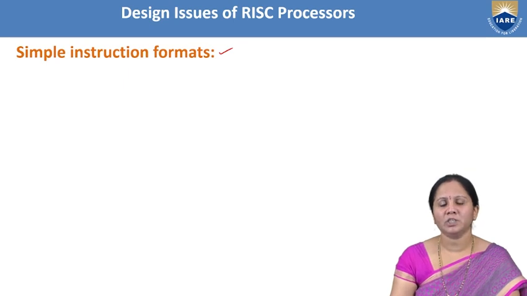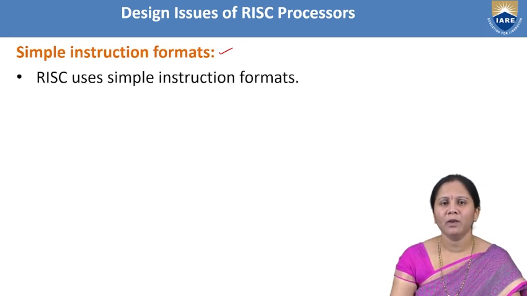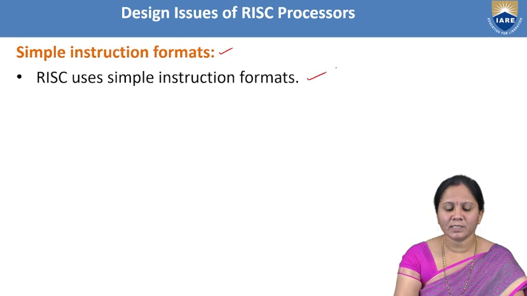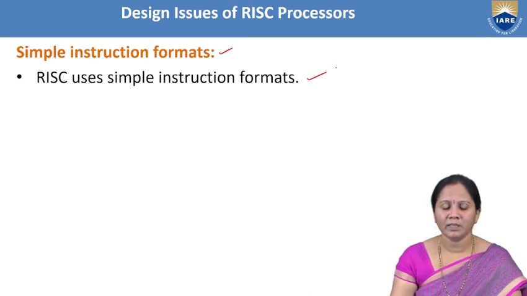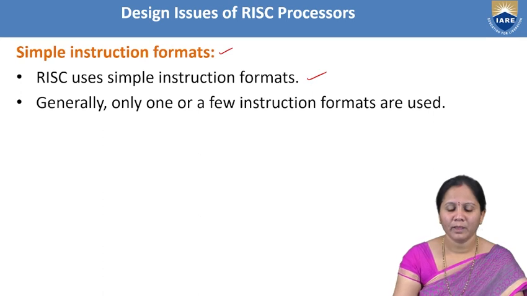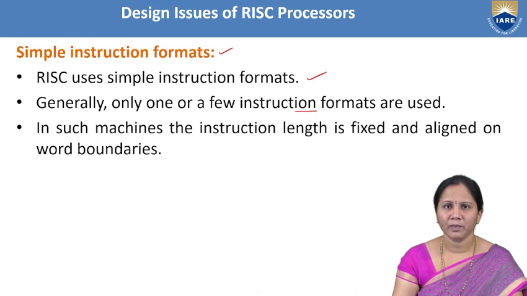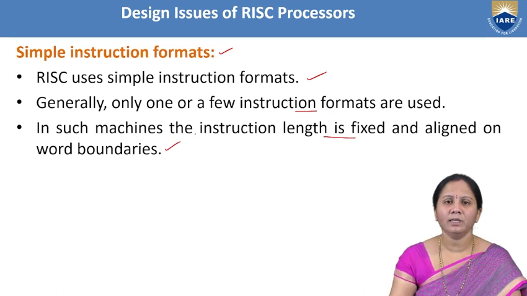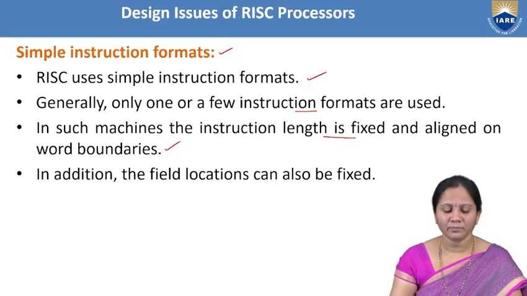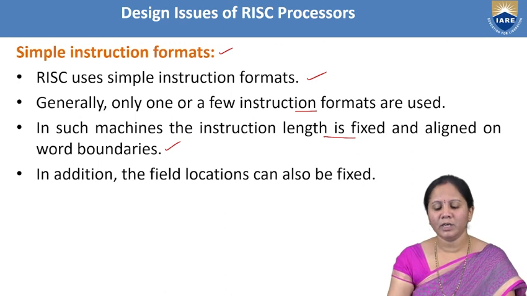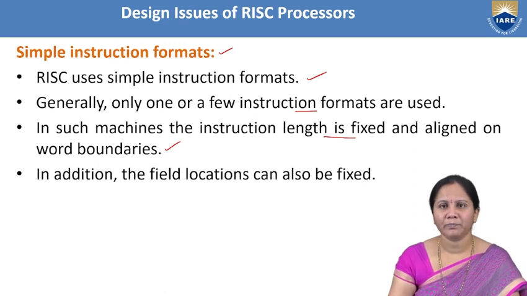Generally, any instruction format consists of two fields: one is the opcode field, another is the operand field. RISC uses simple instruction formats, with a maximum size of approximately one word. Generally only one or a few instruction formats are used. In such machines, the instruction length is fixed and aligned on word boundaries. In addition, the field location can also be fixed.